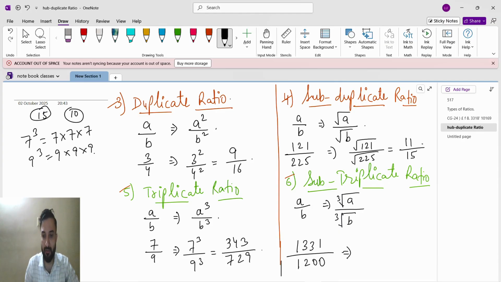We have to find the subtriplicate ratio. So subtriplicate ratio means cube root of the number.